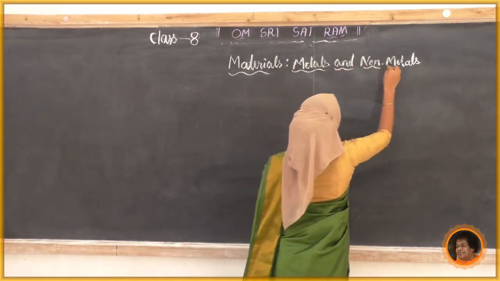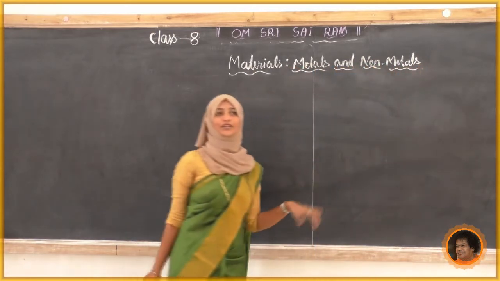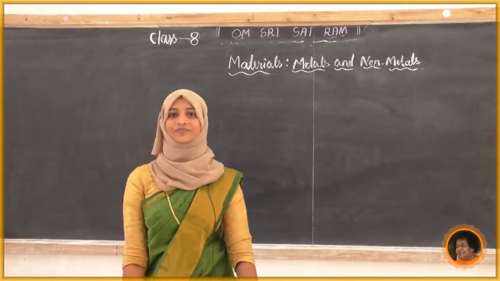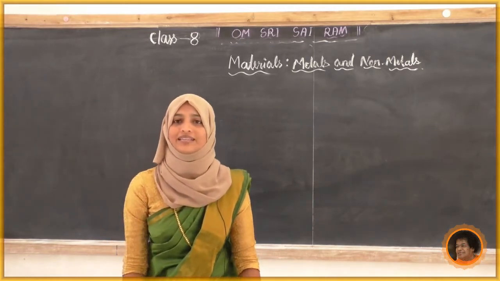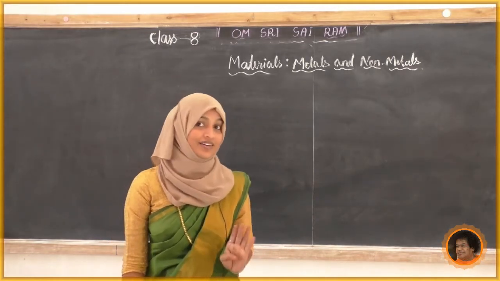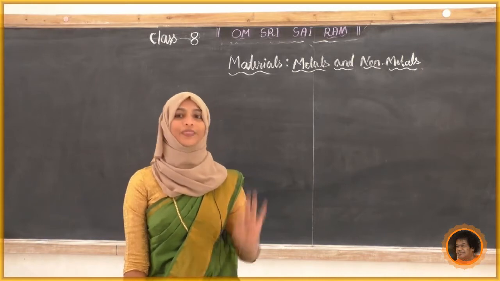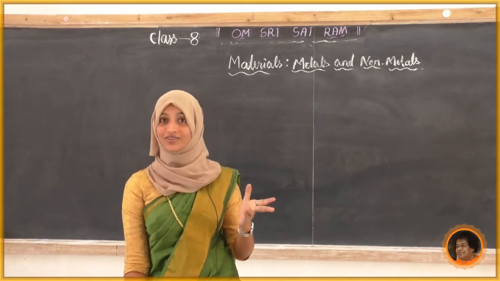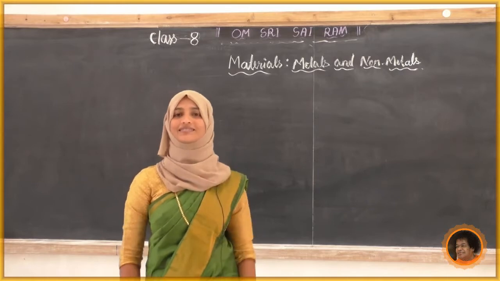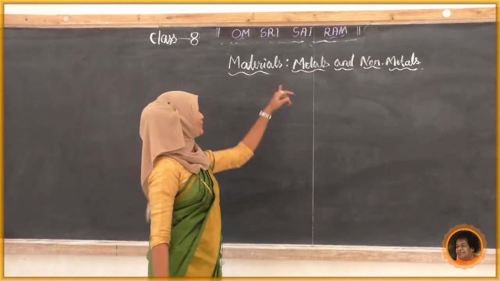Okay students, now tell me an example of metals. Can you give an example of metals? Yes, iron, aluminium, gold. What about silver? Yes, silver. We can see many examples of metals.